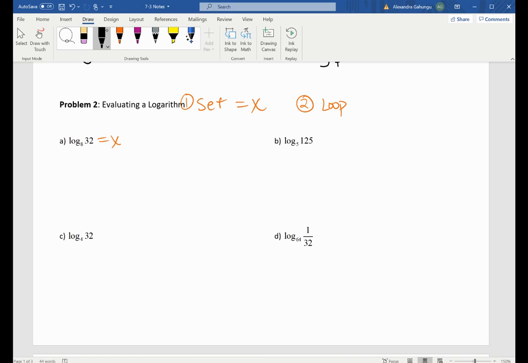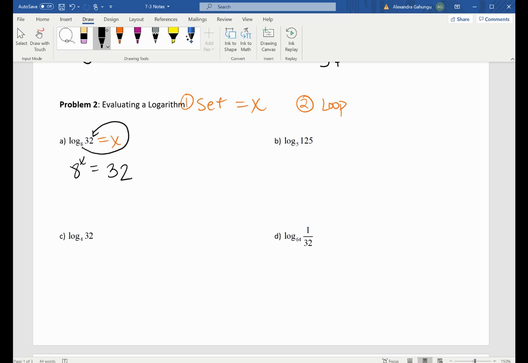So when I loop, I start with the base. Before it was the base of the exponent, now it's the base of the log. So I loop, and it goes 8 to the x power is equal to 32. Now this is a little bit more familiar. It's kind of like what we did in the last section.